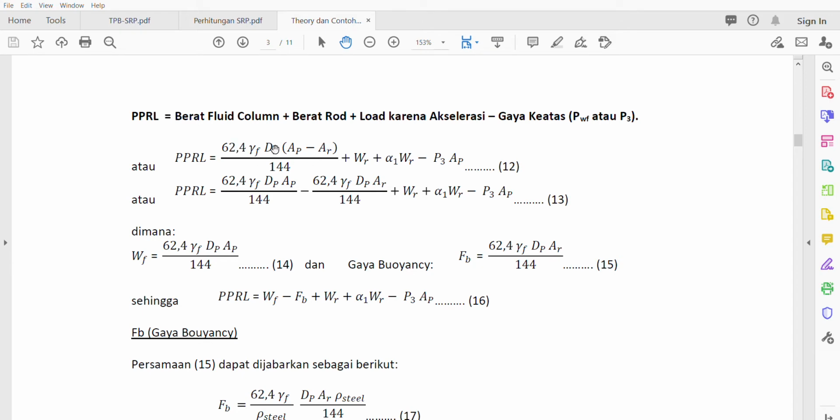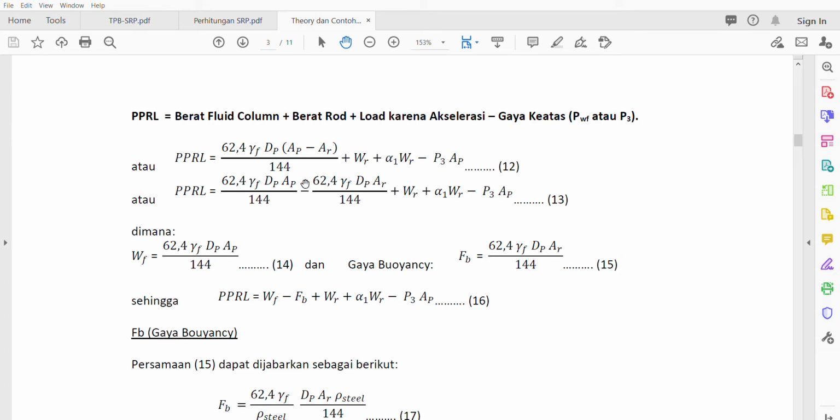Okay, this is the equation. And then the weight of the rod is the weight of the rod itself, and the load of the acceleration. Remember that this is the maximum, so lambda 1 times the weight of the rod, and this is due to PWF or P3 AP.